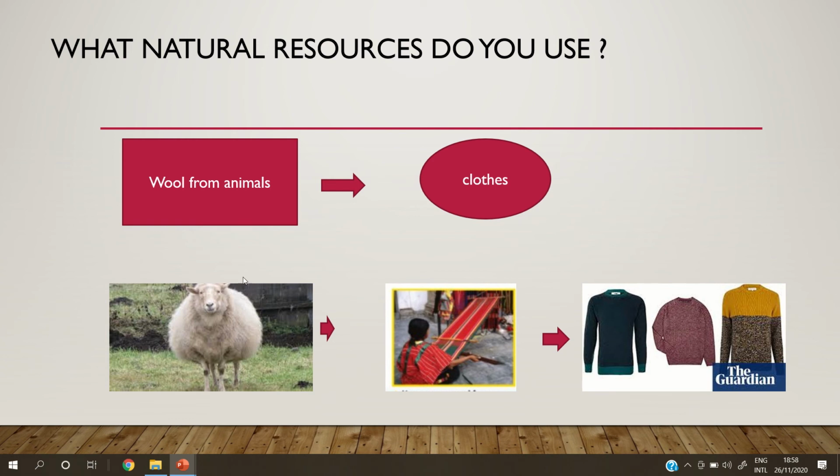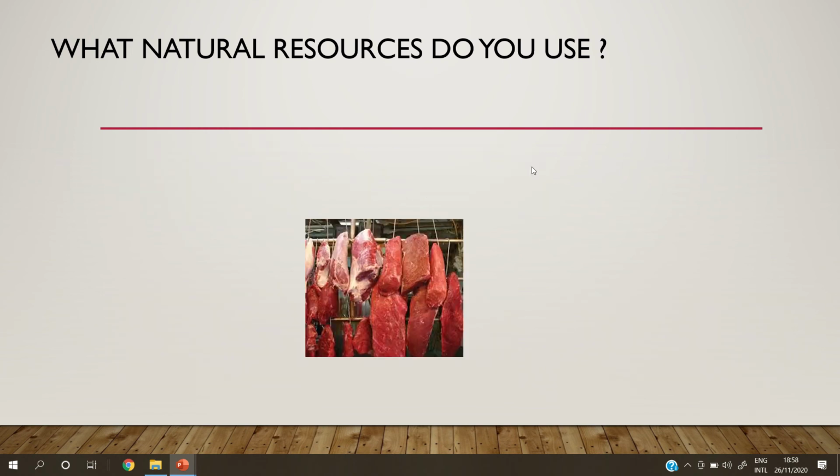Look, the wool comes from an animal, and we can make cloth from this wool. Also the meat, the milk, the cheese, the yogurt, many things come from the animals as natural resources.